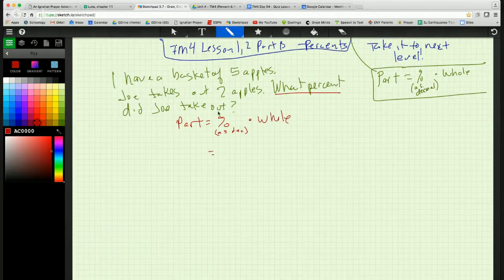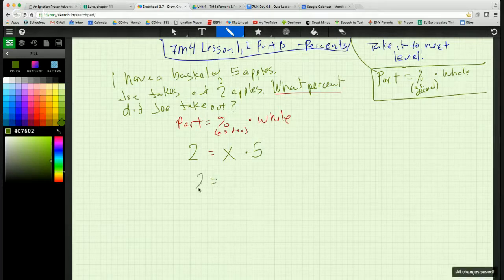And we don't know this piece, so we're going to say that's X. The percent we don't know. So that's times the whole. Now, what is the whole here? The whole is the basket of 5 apples. And Joe just takes out a part. He takes out 2. So now we have this equation, 2 equals 5x, and we can just solve for x. And we're done.